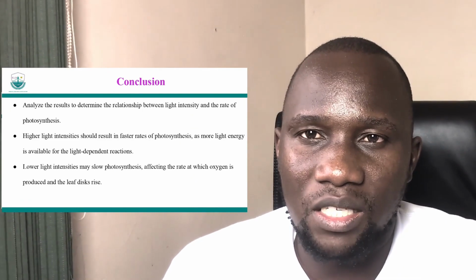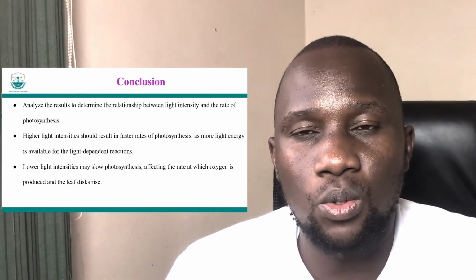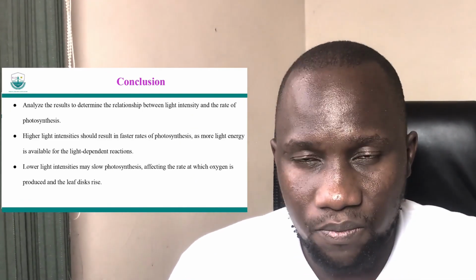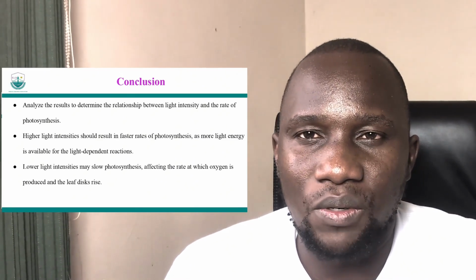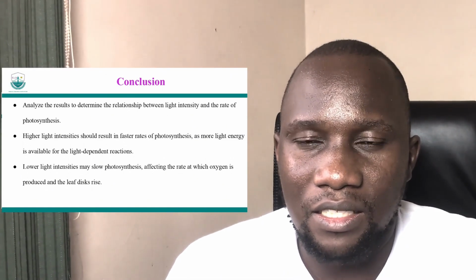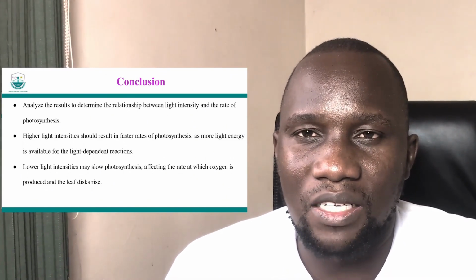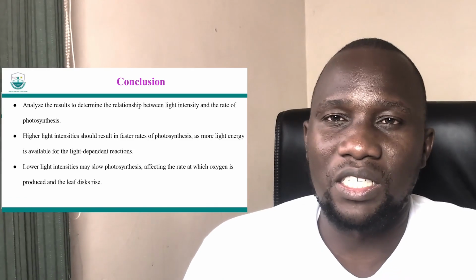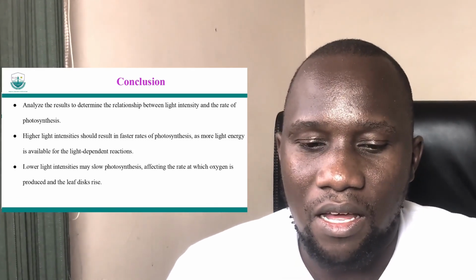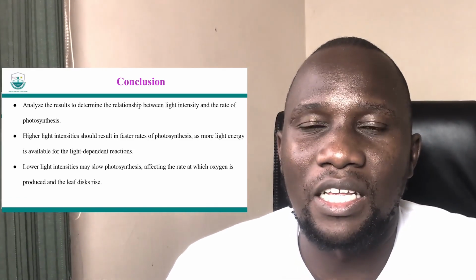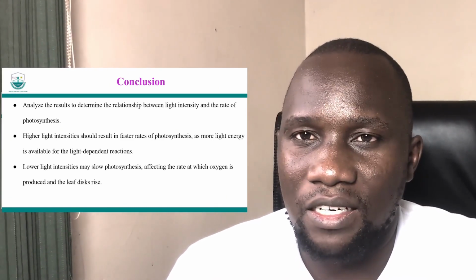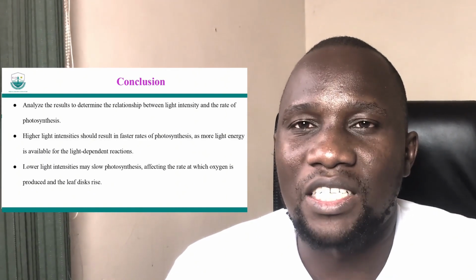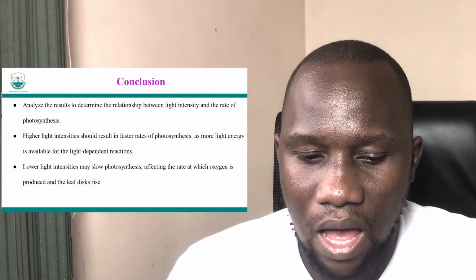But if you do this experiment practically, we could expect you to have a table where you have the number of bubbles released at 10 centimeters, at 30 centimeters, and at 50 centimeters. You look at the data you have collected, and you will see that the more you move the light away, the fewer bubbles you have.